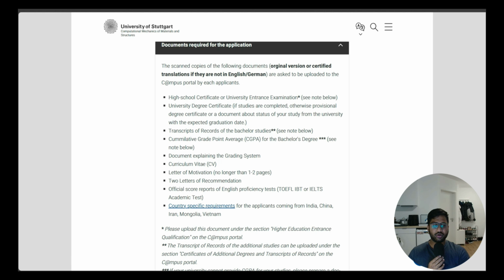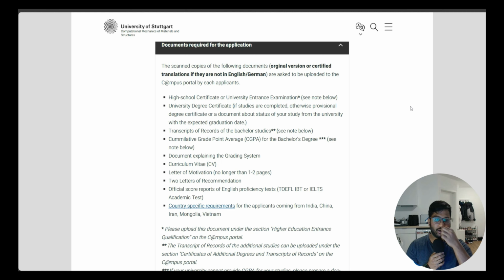That is, before you did your bachelor degree, the corresponding university entrance examination or PUC or high school diploma that you did in order to get into your bachelor degree. So that would be your 12th standard plus your university entrance examination, which will be CET, NEET, etc.